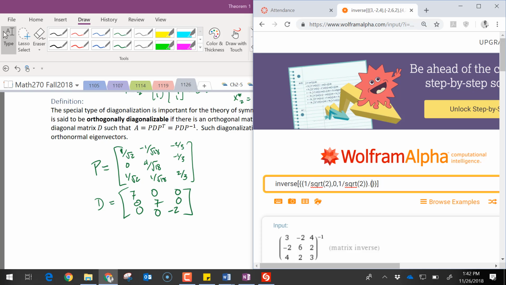I want to be in rows. -1 over square root of 18, -2/3.